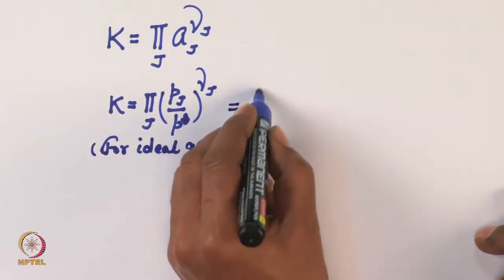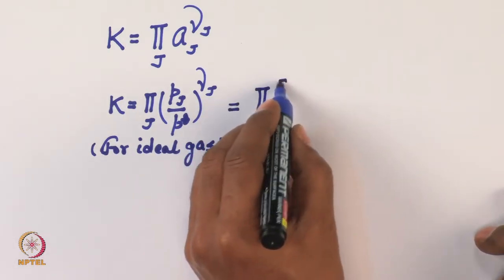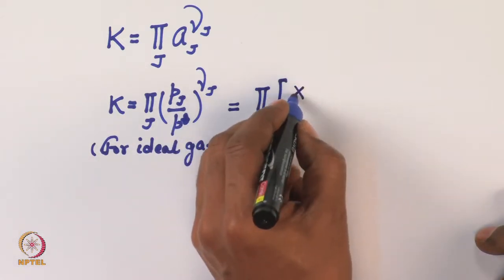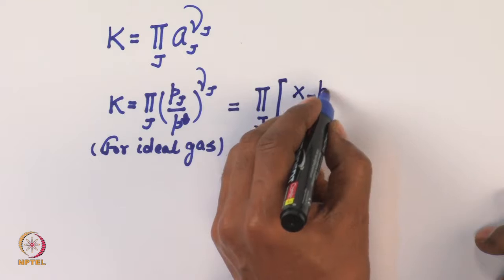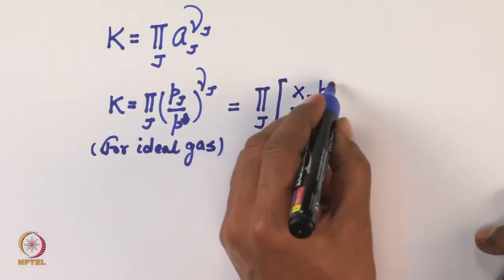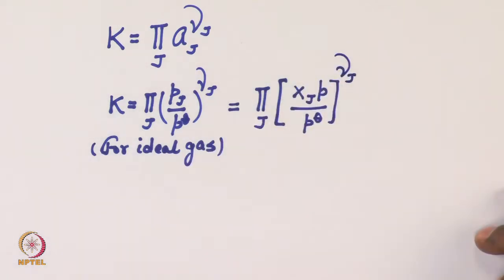And as I just discussed, instead of partial pressure, let me write mole fraction of j into total pressure by P naught raised to the power nu j.